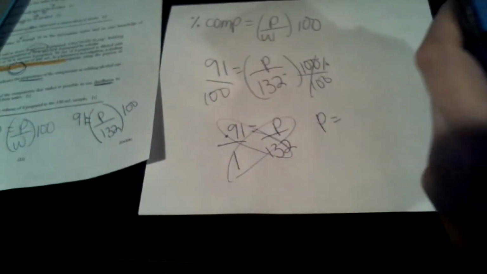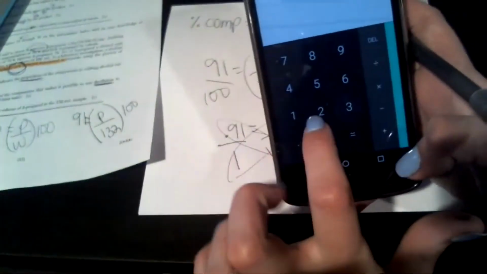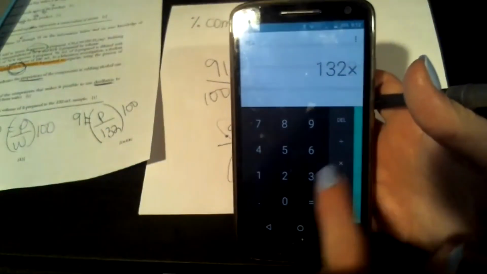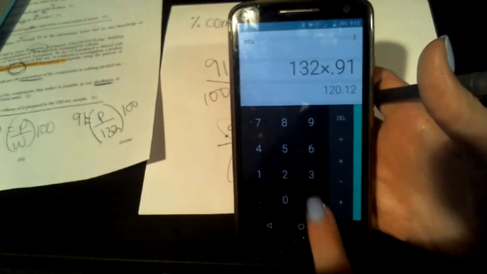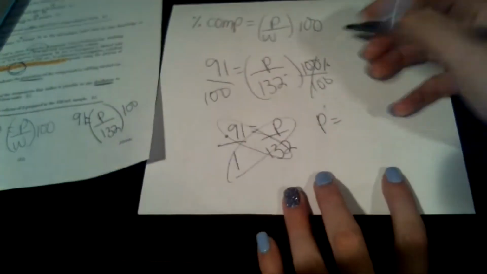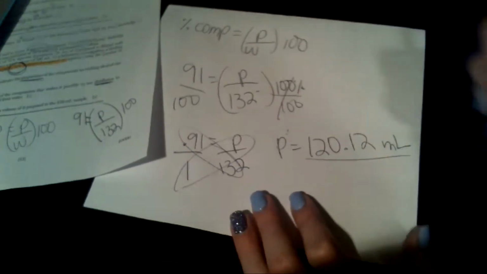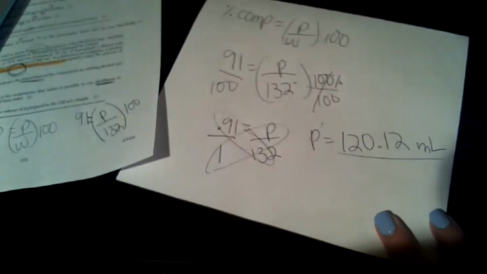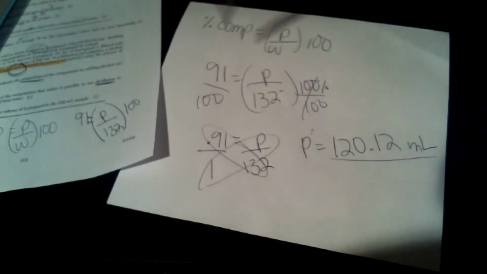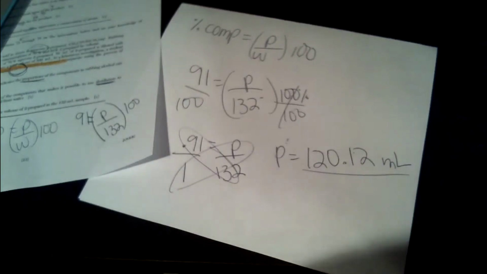You get P is equal to 132 times 0.91. You're getting 120.12. This is telling you that this is the maximum amount of the 2-propanol that could have been in that 132 milliliter sample. The sample was 91% propanol and 9% water. So that's what it turned out to be.